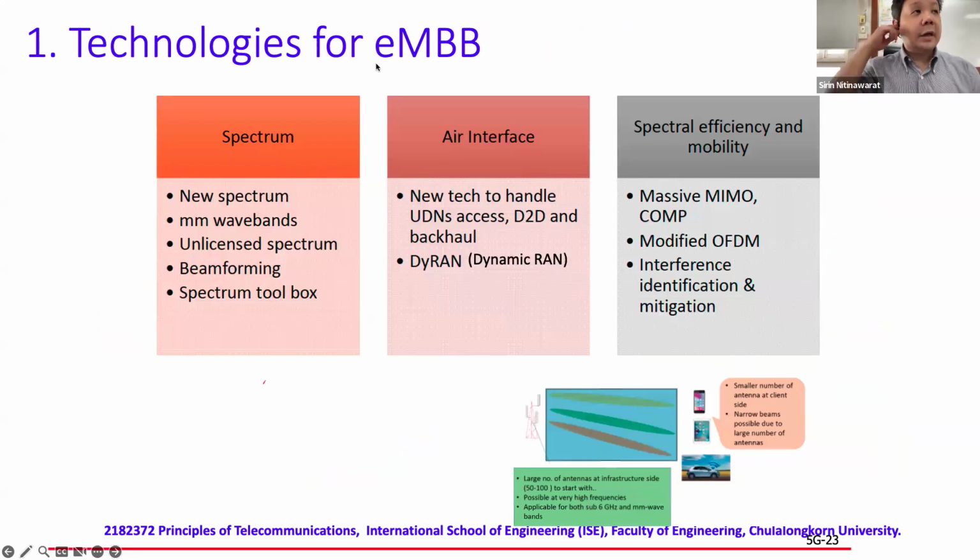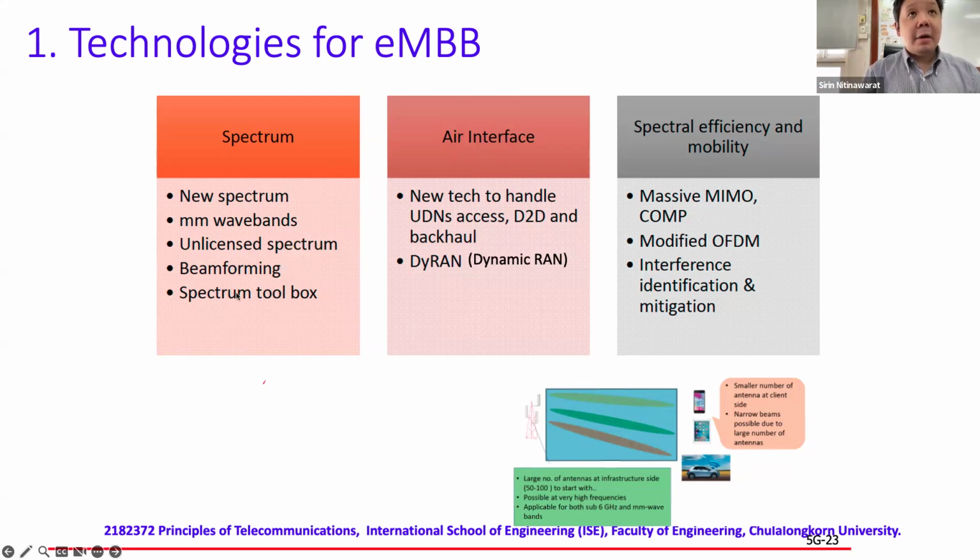Okay, in terms of technologies to enable this service category, we talk more about technology enablers in the subsequent part, but this one we give you just an introduction. So here, to increase everything we talk about, 5G employs the addition of new spectrum, including millimeter wave bands and some unlicensed spectrums.